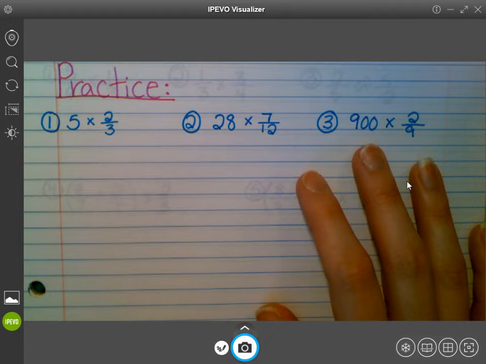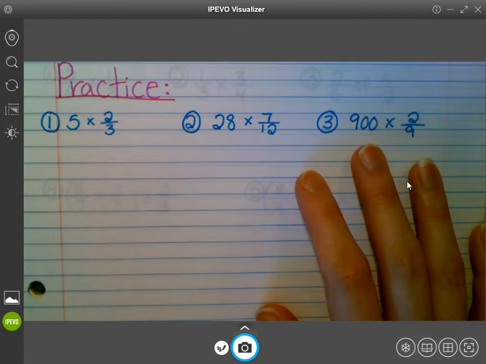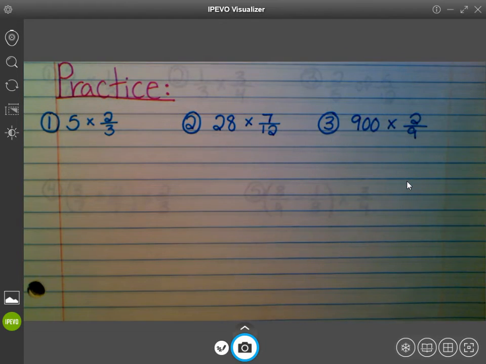So number 1 says 5 times 2/3. Yep. And so in here it says 5 over 1. And then 3 goes in multiply. So let's rewrite it with 5 over 1. So what's the next step?